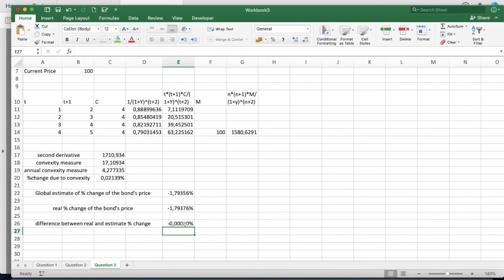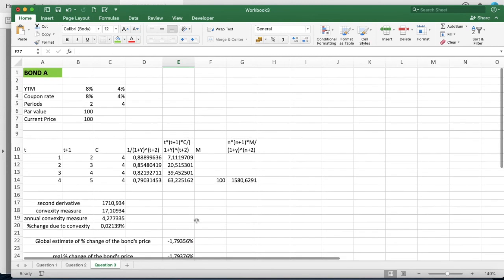So this proves the efficiency of adding the convexity measure to the duration measure in order to have a more accurate forecast, right?